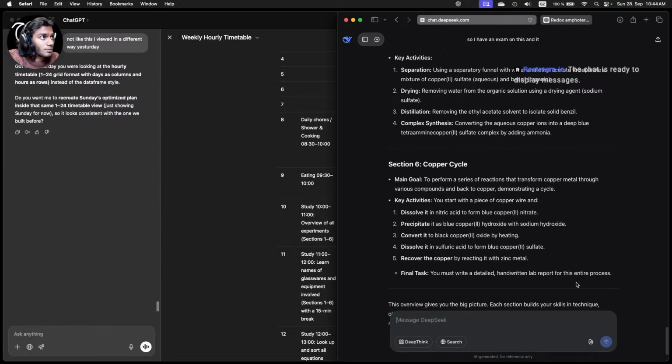Precipitate it as blue copper(II) hydroxide using sodium hydroxide. Convert it to black copper(II) oxide by heating.